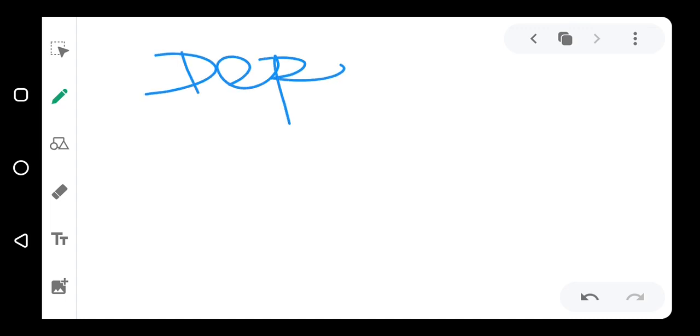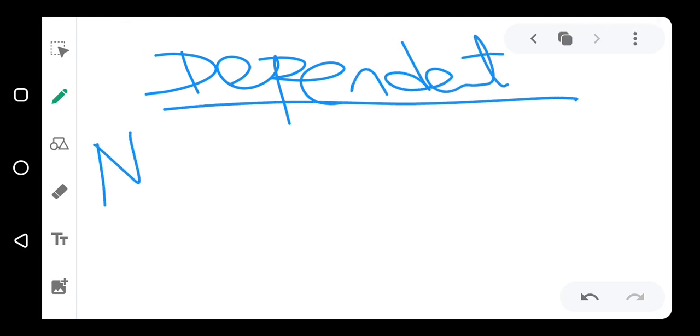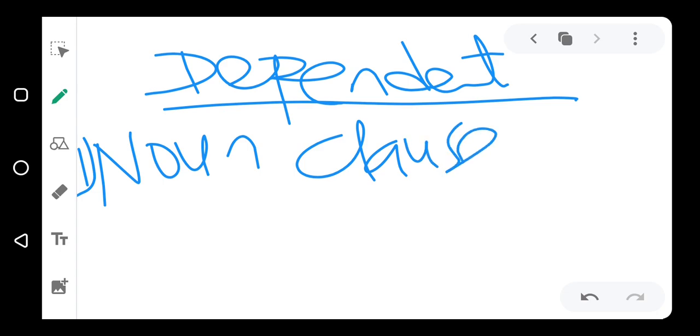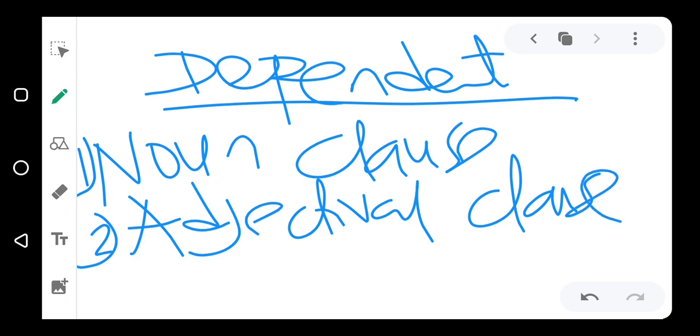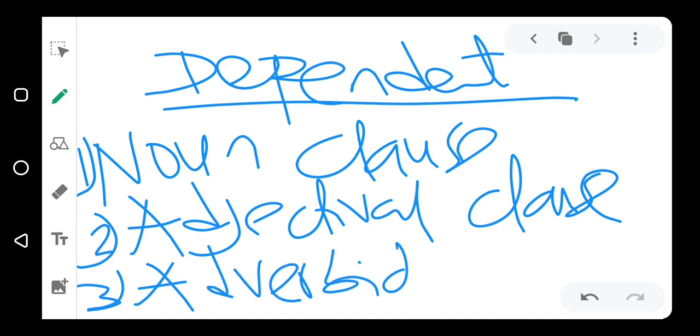We have noun dependent clause, or what we just call noun clause, and we have adjectival dependent clause, or what we just call adjectival clause, and we have adverbial dependent clause, or what we just call adverbial clause.